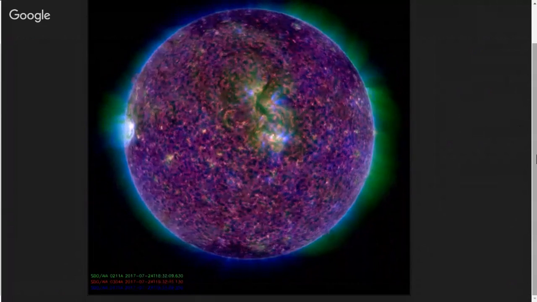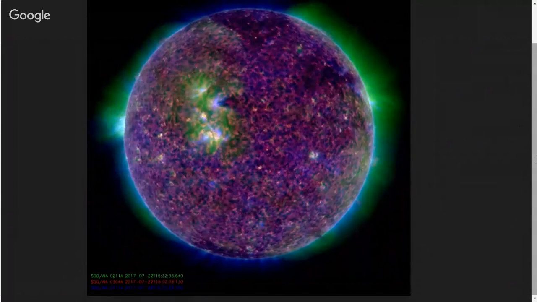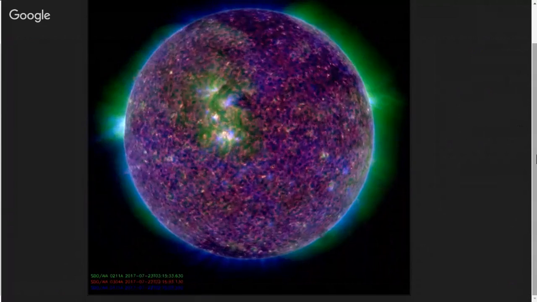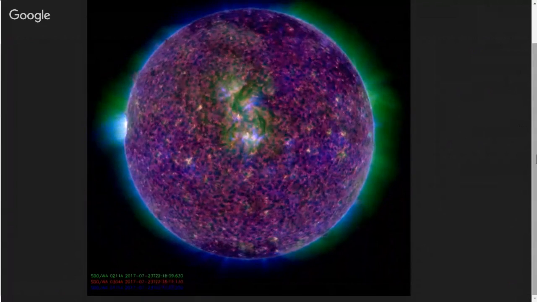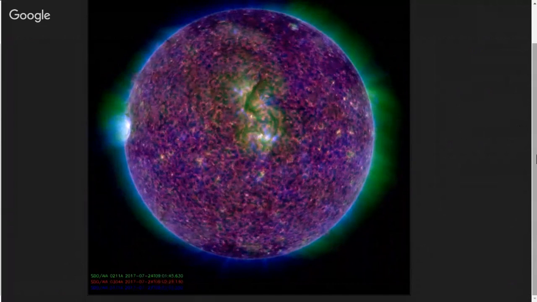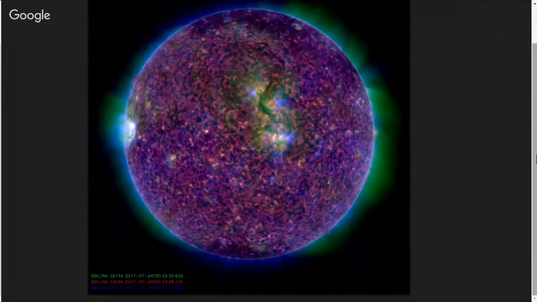They have overlaid the 211, the 304, and the 171 to give you the image that you see on your screen. But you could not do that on the SDO website. You can do composite overlays on the Helioviewer.